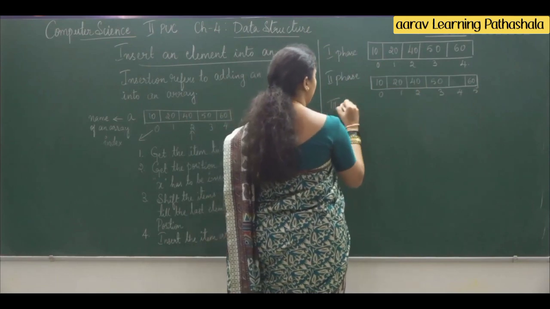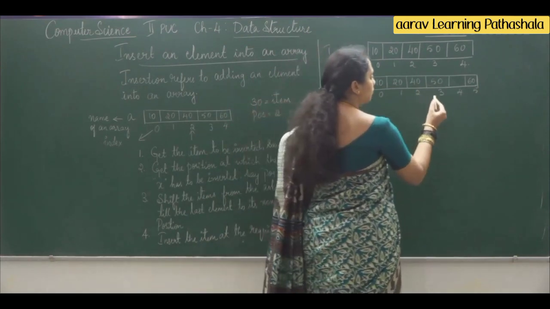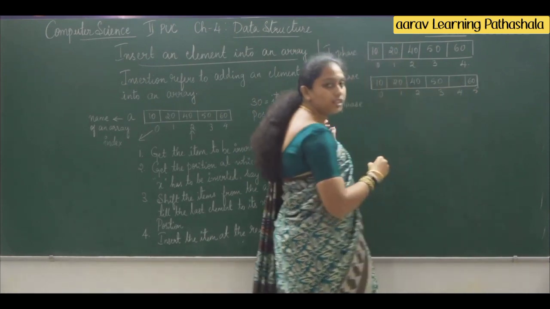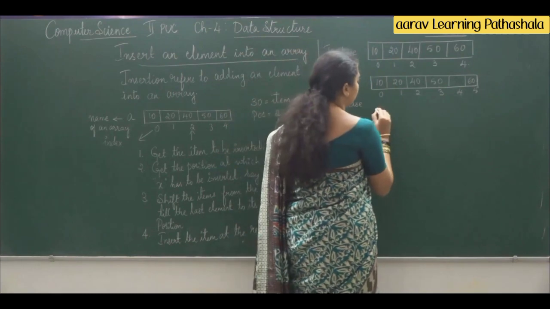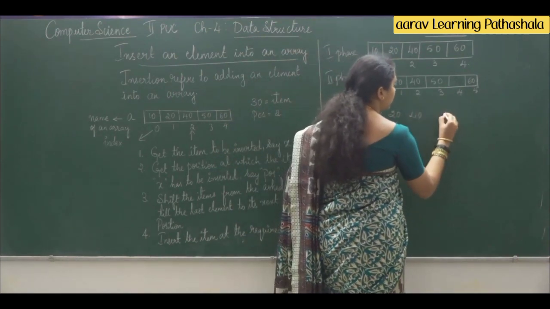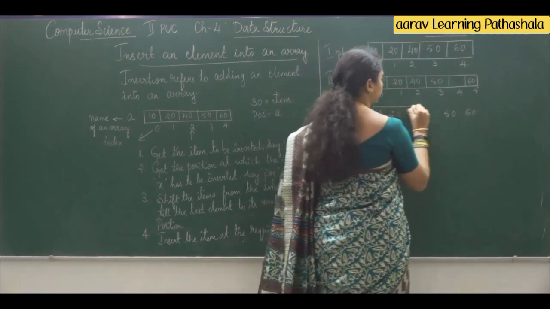In the next phase, we have to shift an item 50 to position 4. 10, 20, 40, 50 and 60.